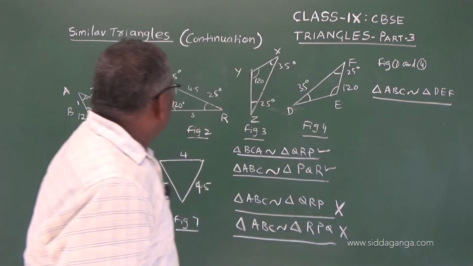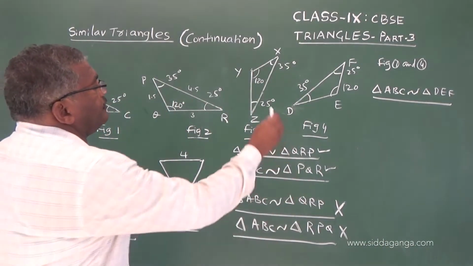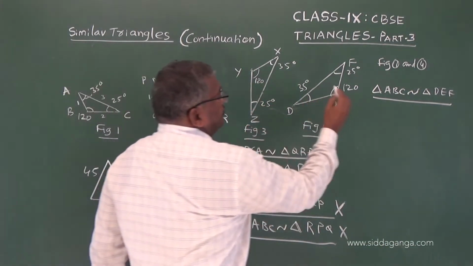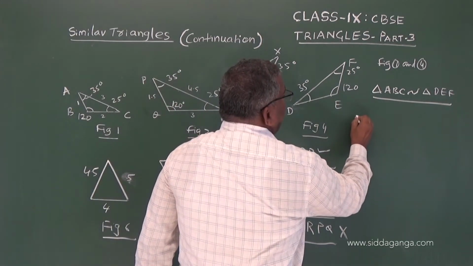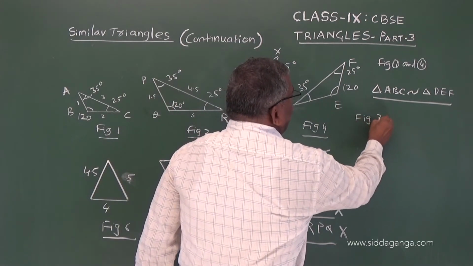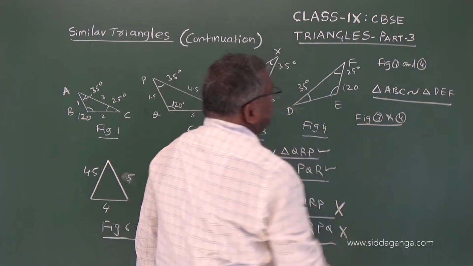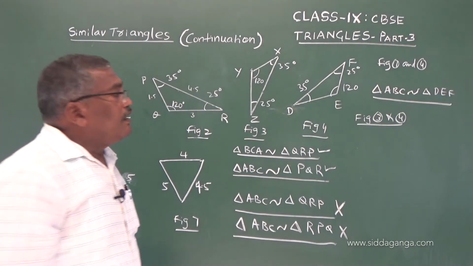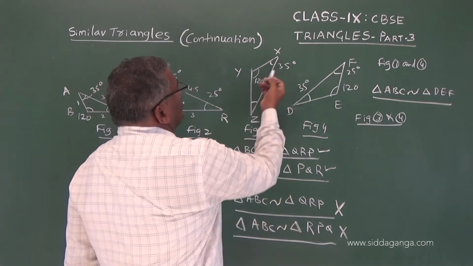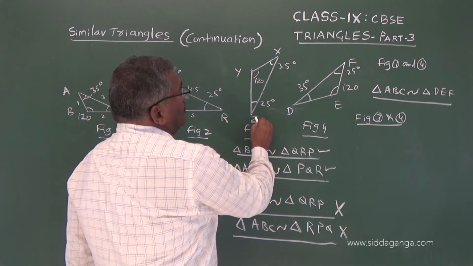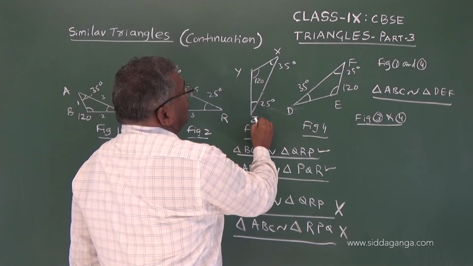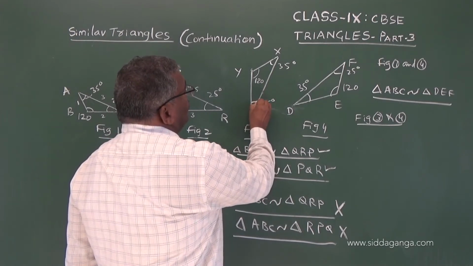Now, while comparing, let us say figures 3 and 4, how best can we write? We can write it starting with Z. If I start with Z, it is 25 degrees.